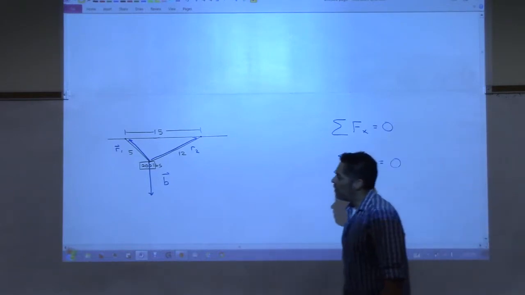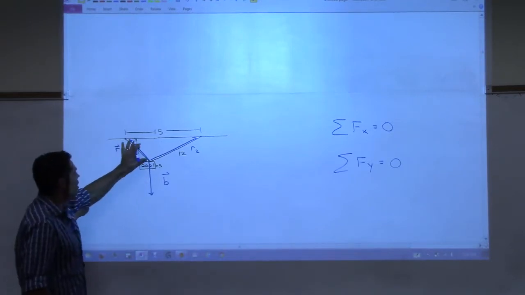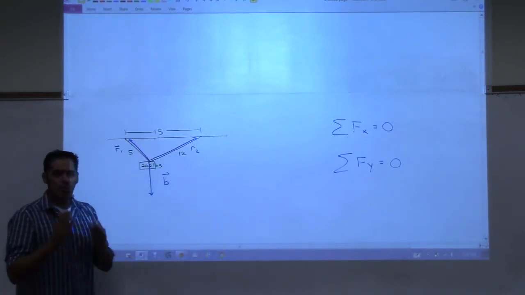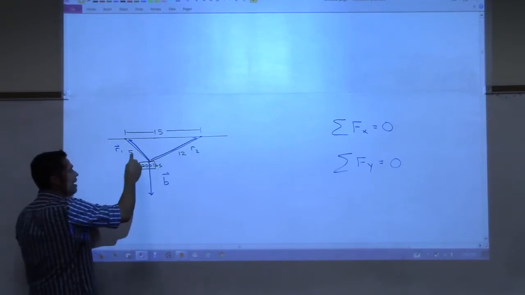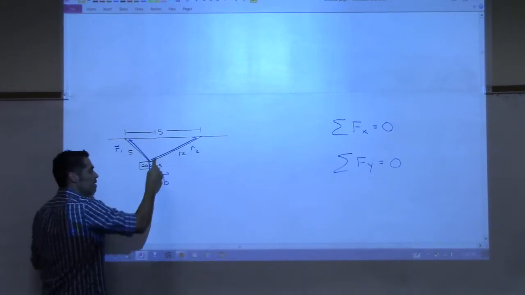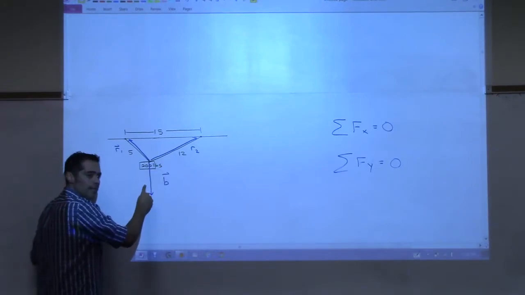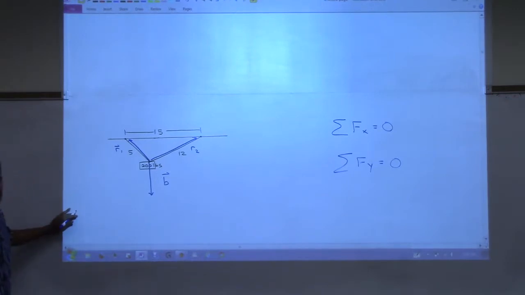Now, in order for us to do this, we need to be able to break down R1, R2, and B into their components. So I need to be able to somehow figure out what the x component of this vector is and the y component, the x component, y component, right? Now, can you tell me the vector B, what its x and y components are right now without even having to do anything?